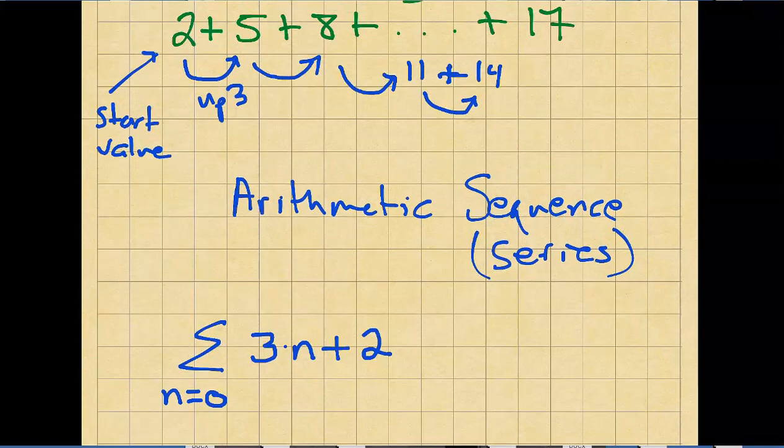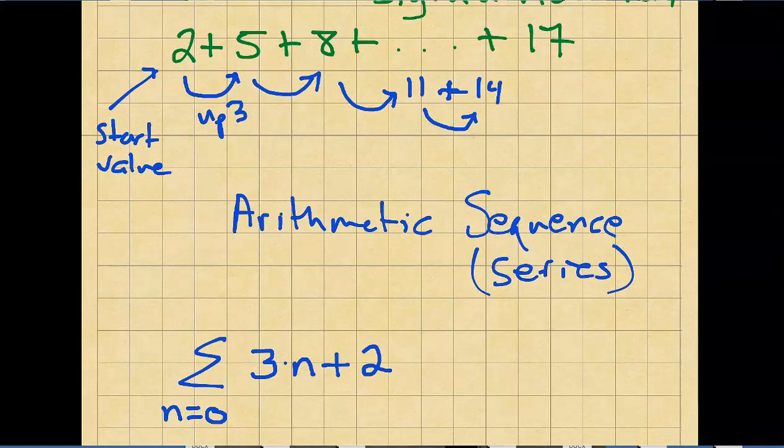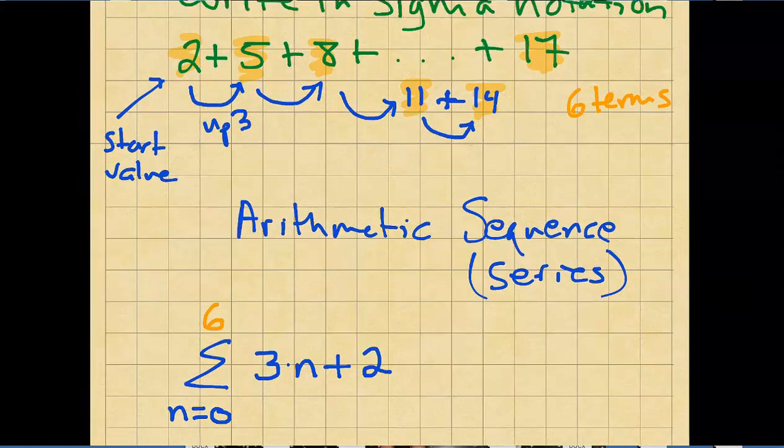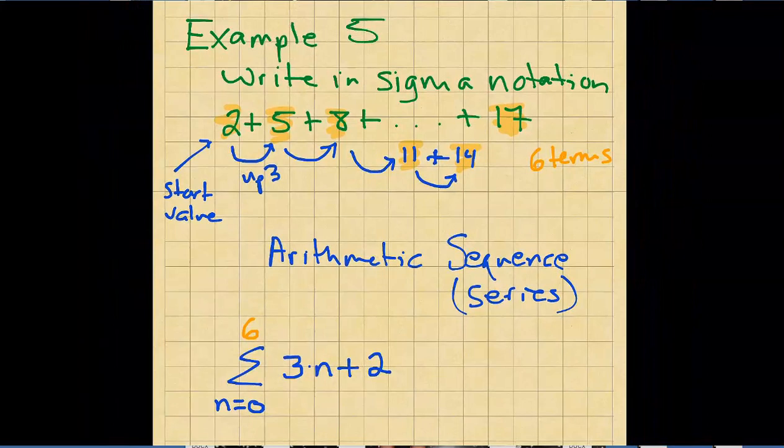And if you think about how many terms we have, I highlight them, 1, 2, 3, 4, 5, 6. So again, in this one, we got 6 terms. So that's where we're going to put a 6 right there at the top. And that would be example 5 written out.